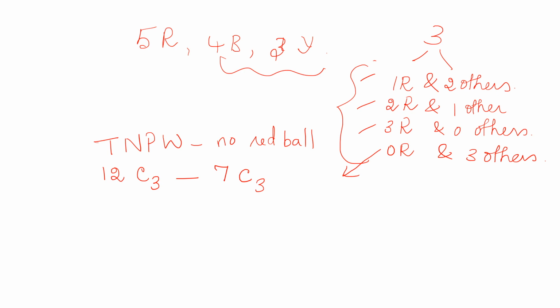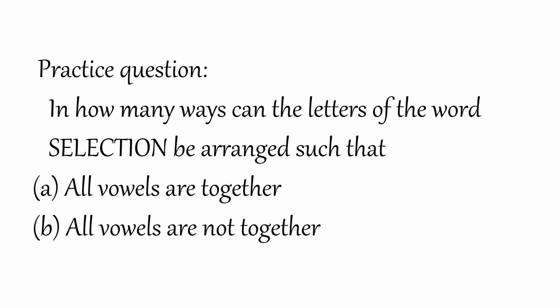And I'll give you one more question for practice. See, in how many ways can the letters of the word SELECTION be arranged such that all vowels are together, and all vowels are not together? Try to answer this. Now you have to combine the conditions. You know arrangement of letters.